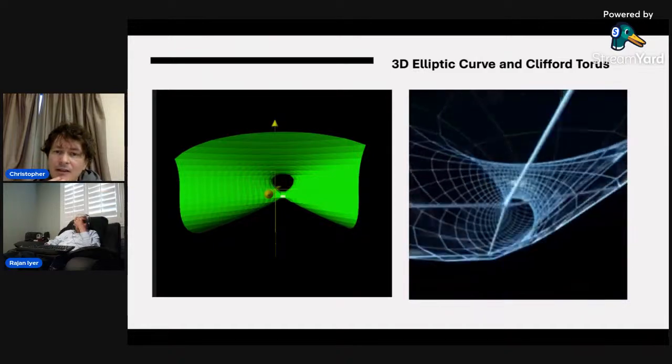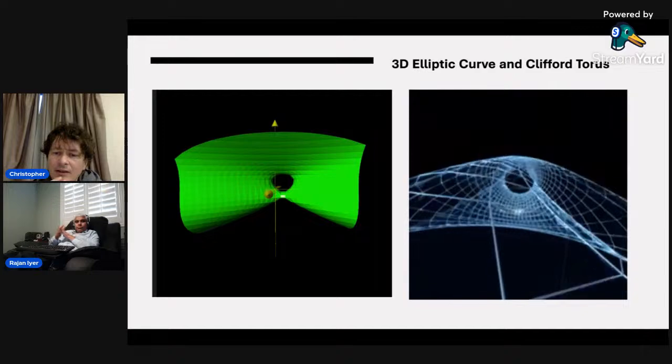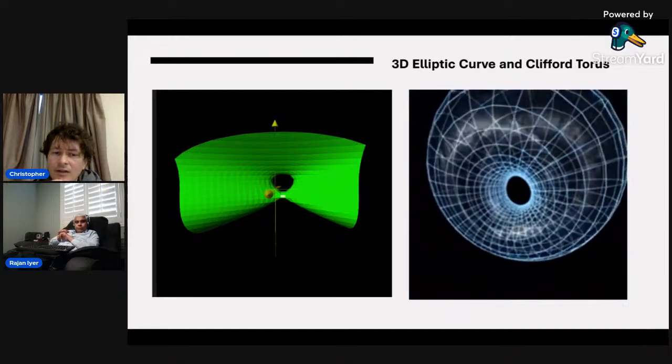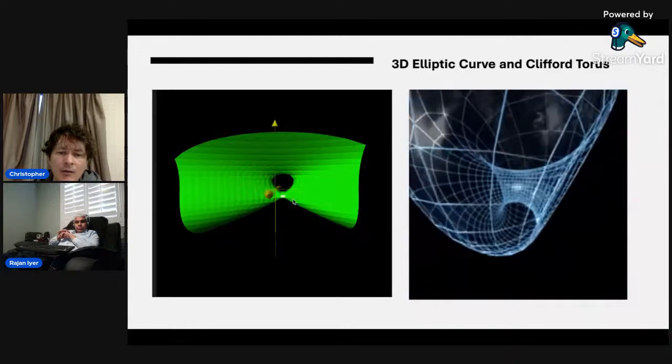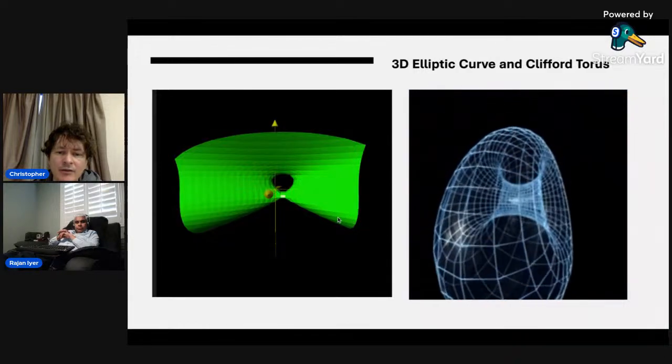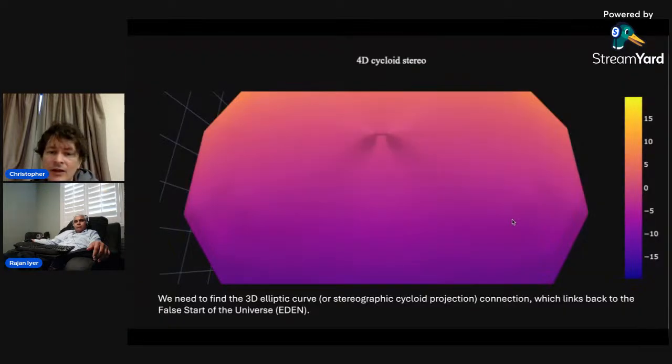Again, we have the Clifford torus, which is a stereographically projected and rotated torus. And then next to it, we have the 3D elliptic curve. We see that at a certain point in the rotation, this matches this. And it's actually at this exact point that it's frozen, more or less. If it moved on 1 or 2 more frames, that would be the correct version. Here's another example of a stereographically projected torus.